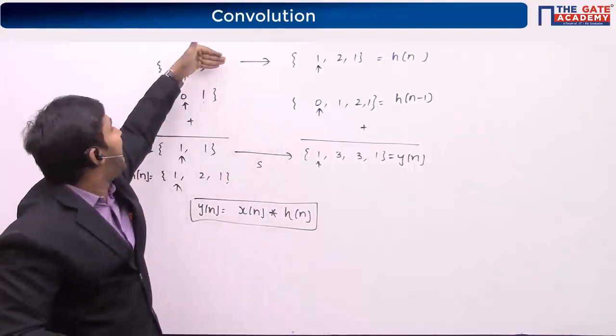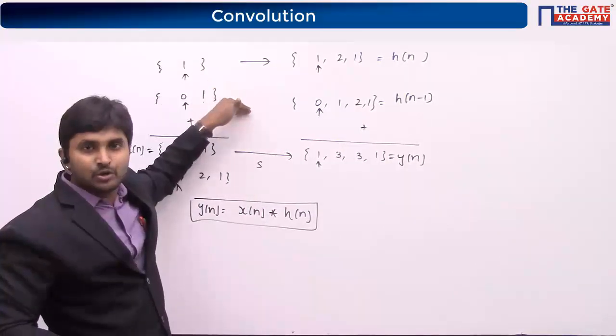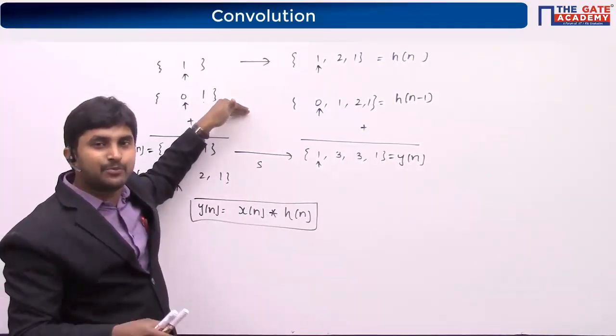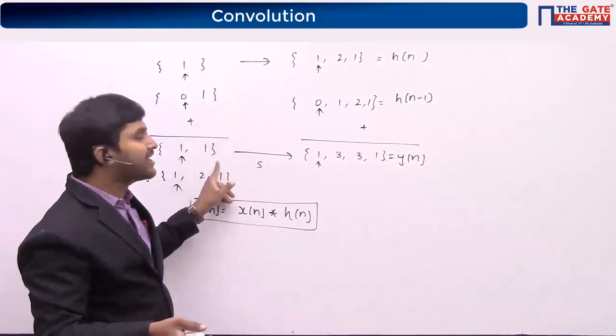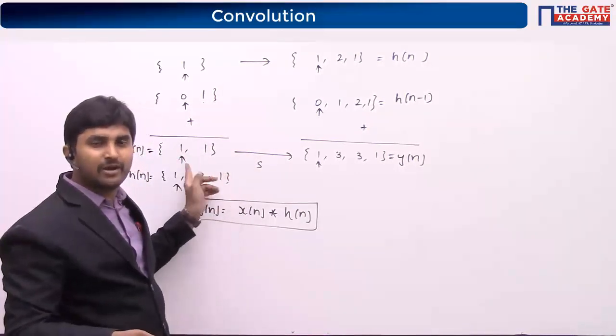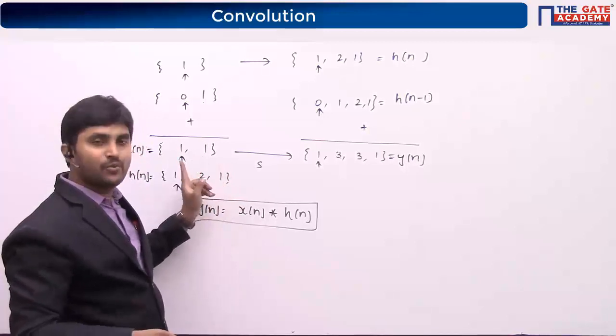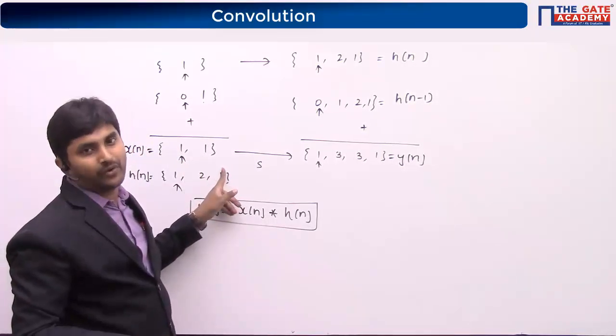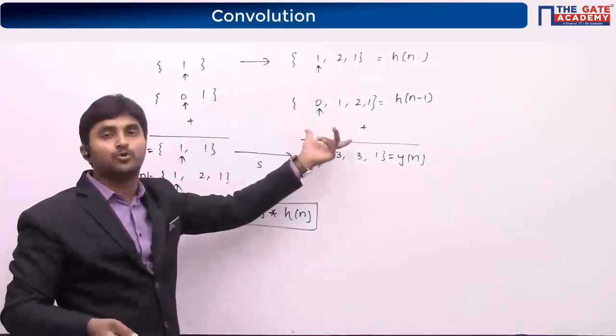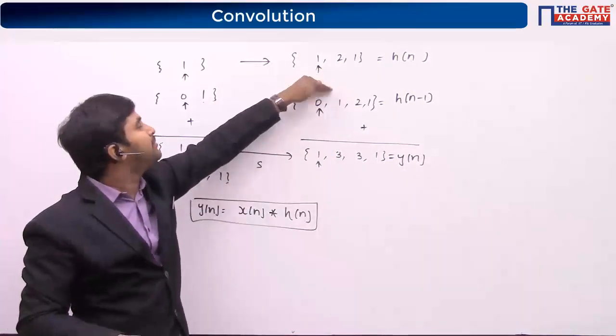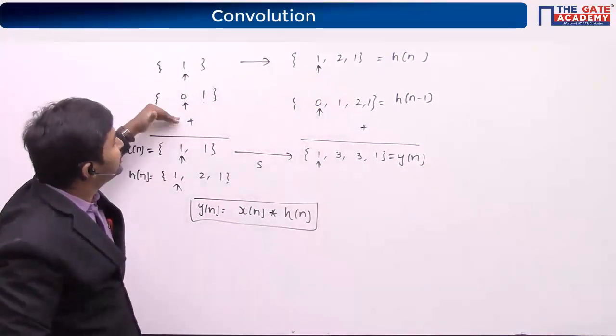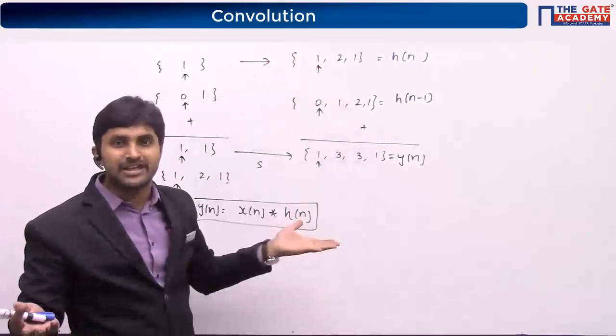So when I add them together to show what are the inputs that I have applied, I have applied 1, 1. What is the meaning of 1, 1? Two impulses, one at n equal to 0, the other at n equal to 1. So combined, what is the output? We are adding them because here we have added them together, so that here also it is added, a simple linear property.